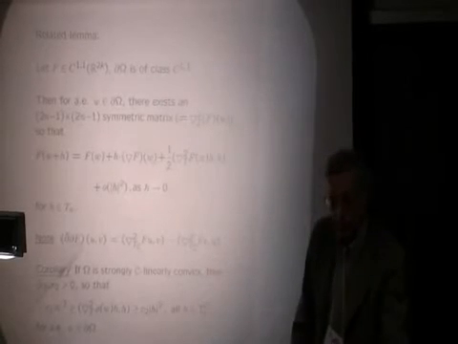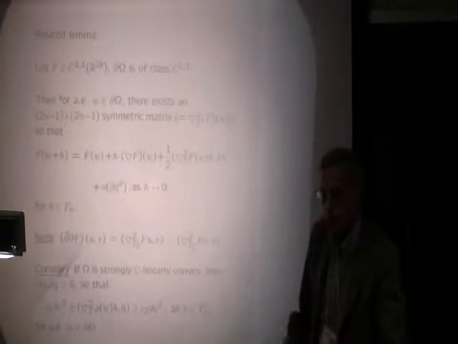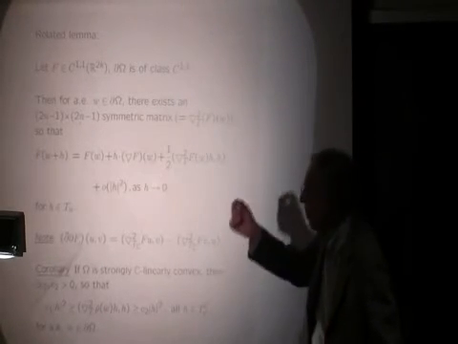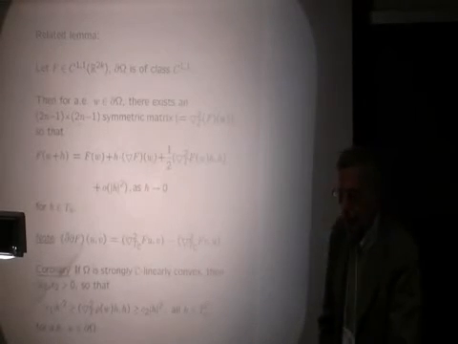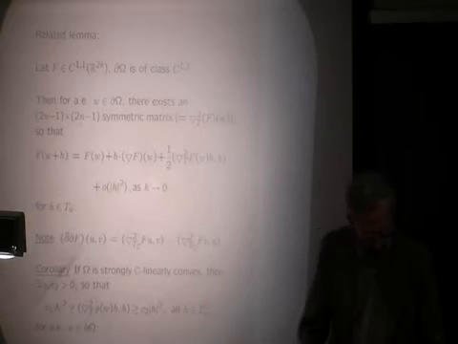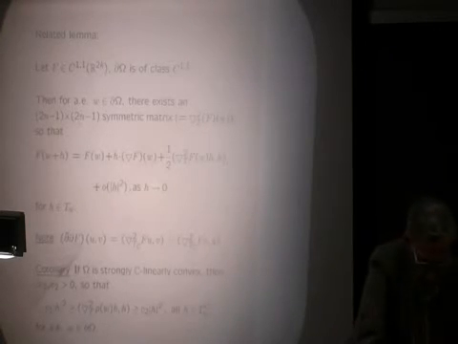And the point is that there is such an expansion about the point W for small h, when h is in the tangent space, for almost every W, if you start with a C^{1,1} function. All right, and this has various consequences.